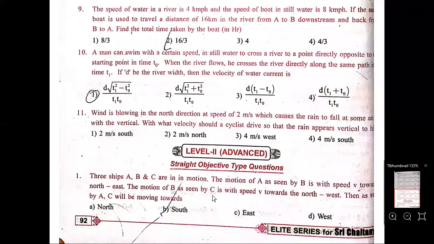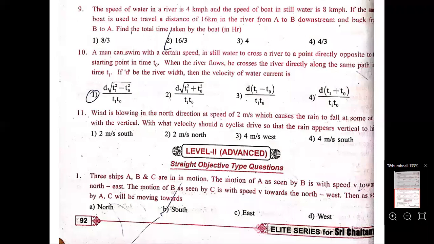Level 2 advanced problem number 1. Three ships A, B and C are in motion. The motion of A as seen by B is with speed V towards northeast. So northeast means we have to represent the directions north, south, east, west.